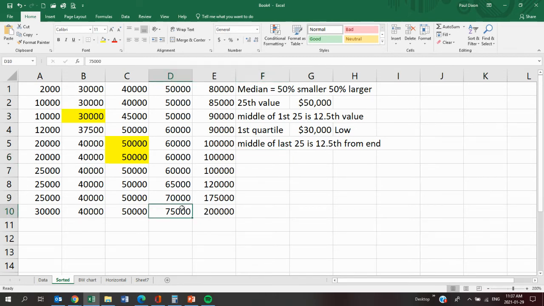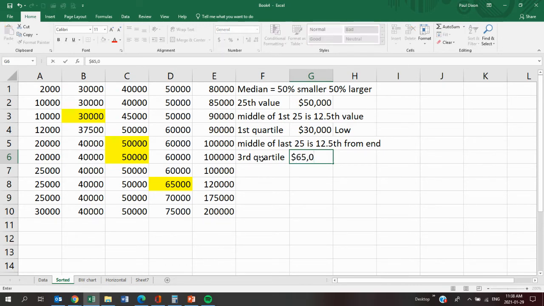There's 10, 11, 12, 13. Or I could have counted from 50. There's 5, 6, 7, 8, 9, 10, 11, 12, 13. Okay. And this one is known as the third quartile. And I'm saying here that that's going to be $65,000.